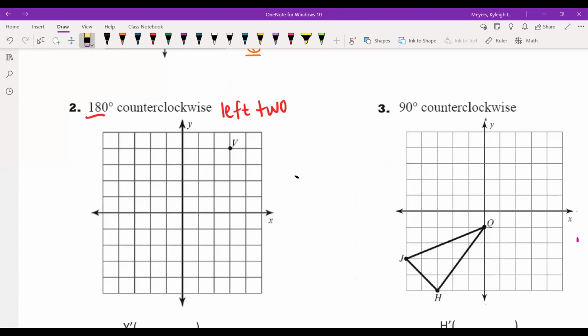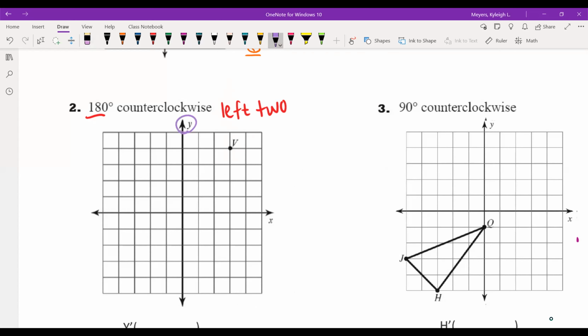Oh, it's in tablet mode. That's not helpful. Okay, start over. Go 1, 2. Now I'm looking at the screen upside down, where my Y is at the bottom, right?